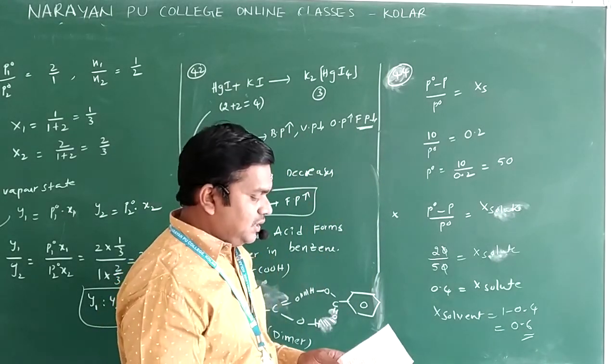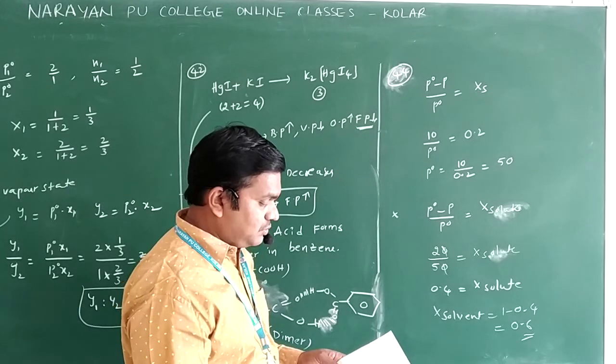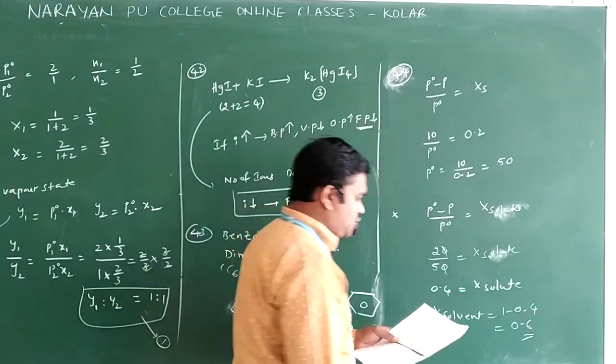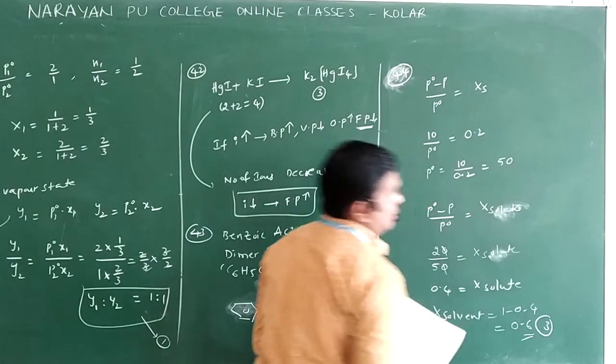Clear? The direct option is option 3, that is 0.6.